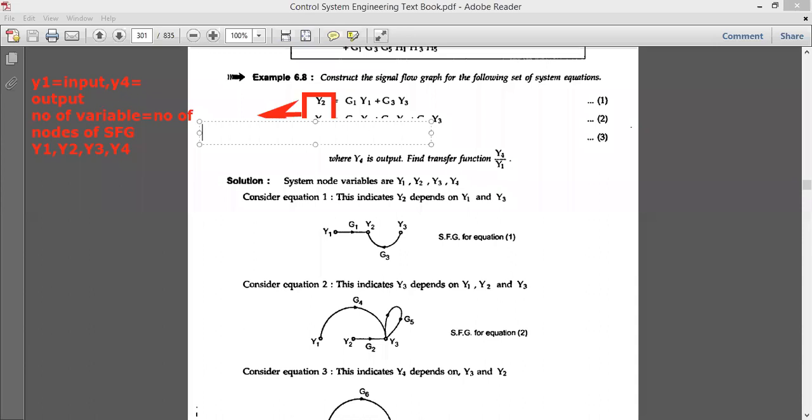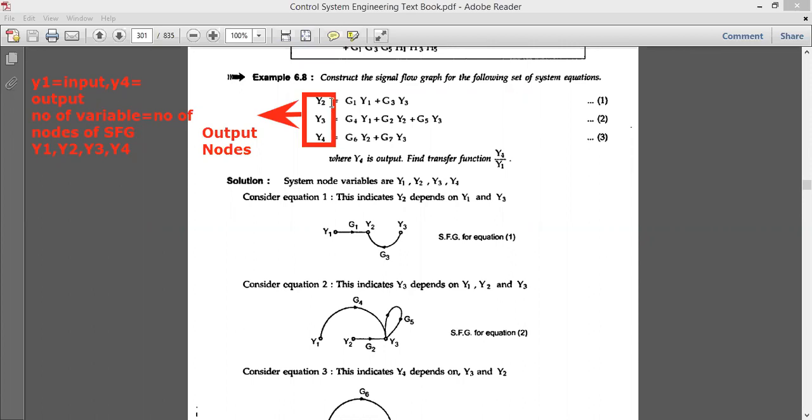The LHS gives you the output, or acts as the output node. So y2, y3 and y4 are the output nodes. Output node in the sense that all the signals, like y1 and y3 with respect to equation 1, should come and meet at a junction point called y2.